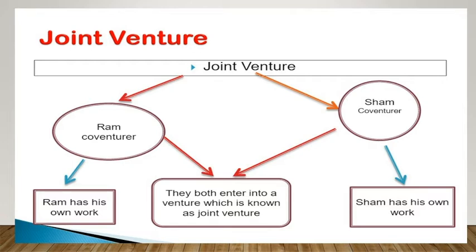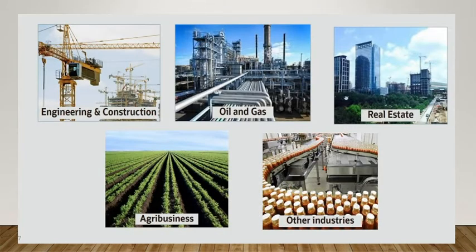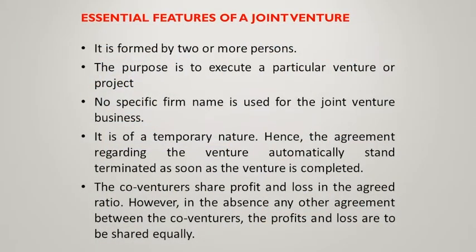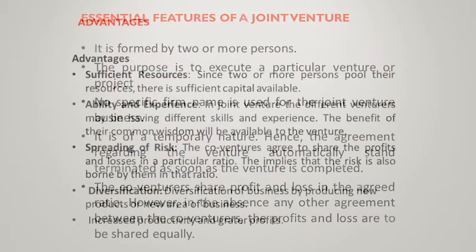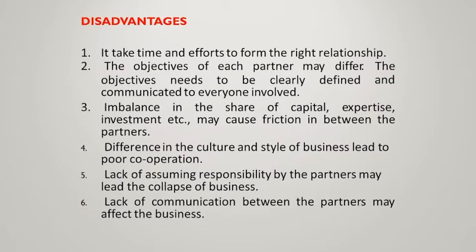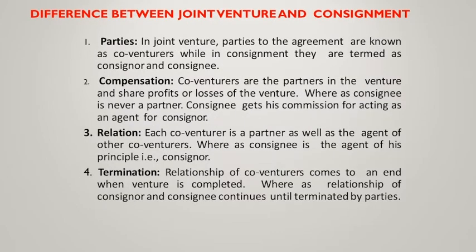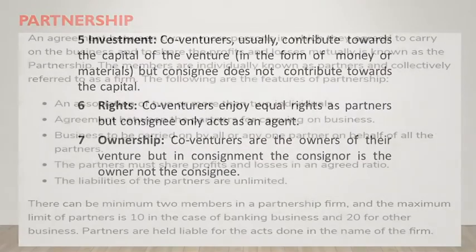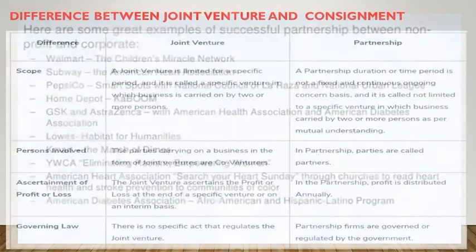This is an example of joint venture, the possibility of joint venture business, features of joint venture, resources, advantages of joint venture, disadvantages, difference between joint venture and partnership. So we will see the journal entries also in the books of co-venturers.